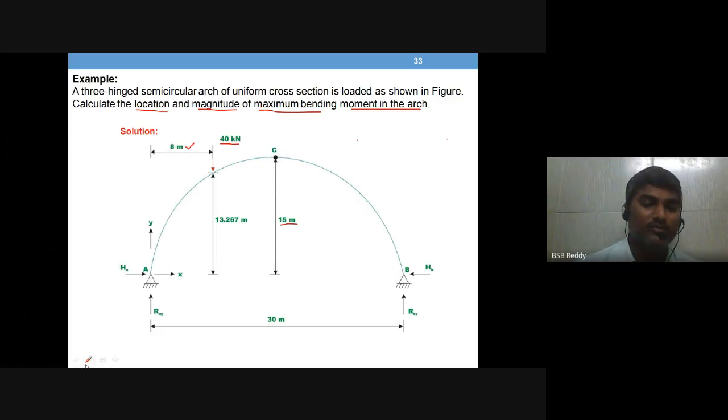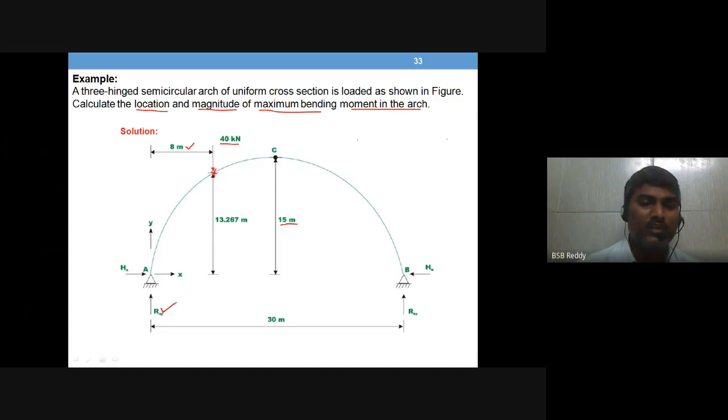Okay, now, the maximum bending moment occurs at this point, that means where the load is acting. So if you want to find out the bending moment here, what do you do? You take the sum of all moments either to the left of this point or to the right of this point. So if you take the sum of all moments to the left of this point, what do you have?